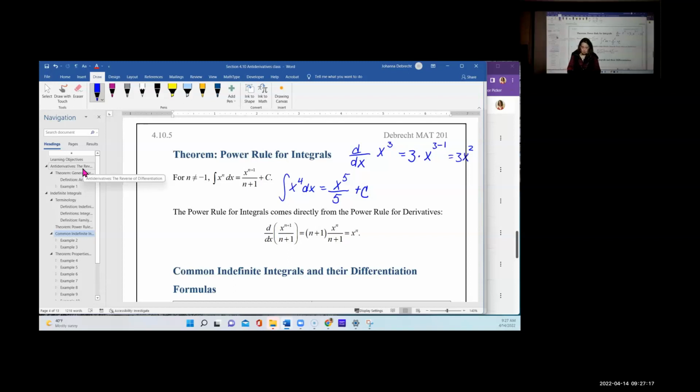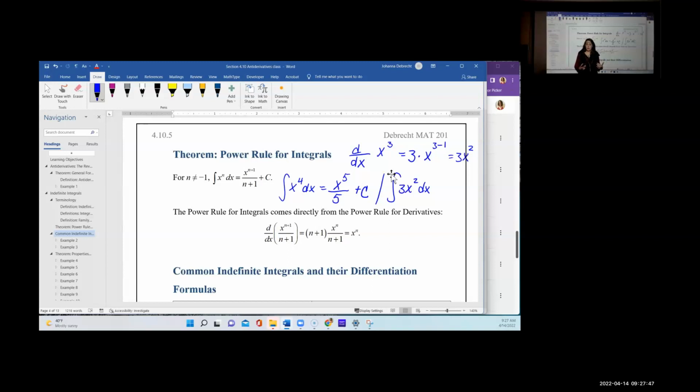Now, there are many common indefinite integrals and their differentiation formulas. Well, before we do that, let's practice on the one we have here, which is the integral of 3x squared dx. Now the 3 is a constant, and it just follows along like constants do in just about all of our operations, whether it's a limit, a derivative, or an integral.